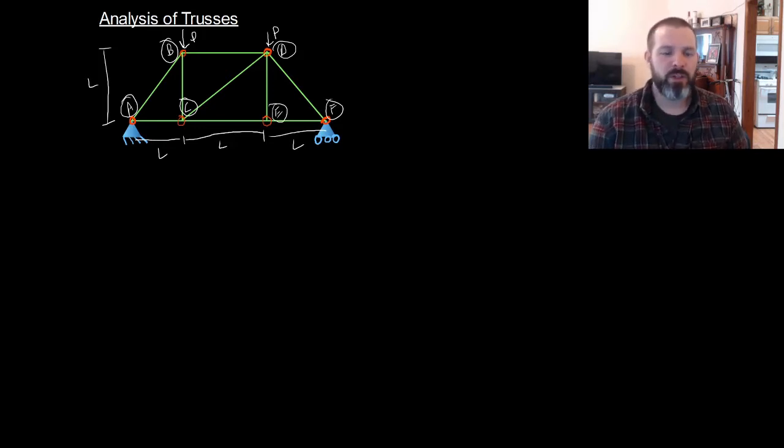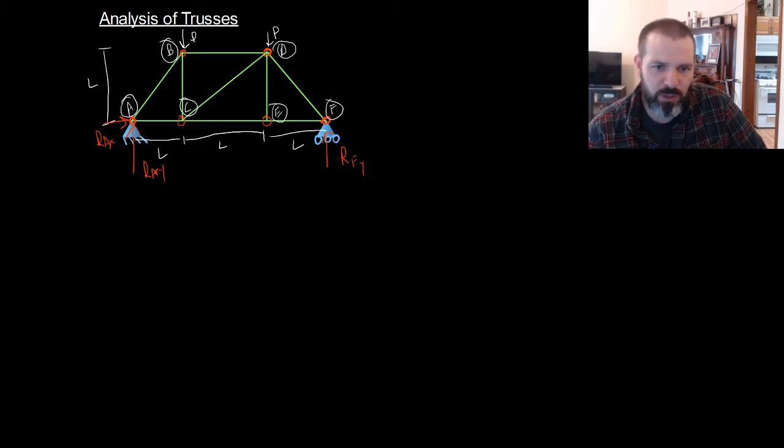Now, if we look at our reactions, we have RAY, RAX, RFY. If we look at our external reactions, we have 1, 2, 3, and we have 3 equations of equilibrium.